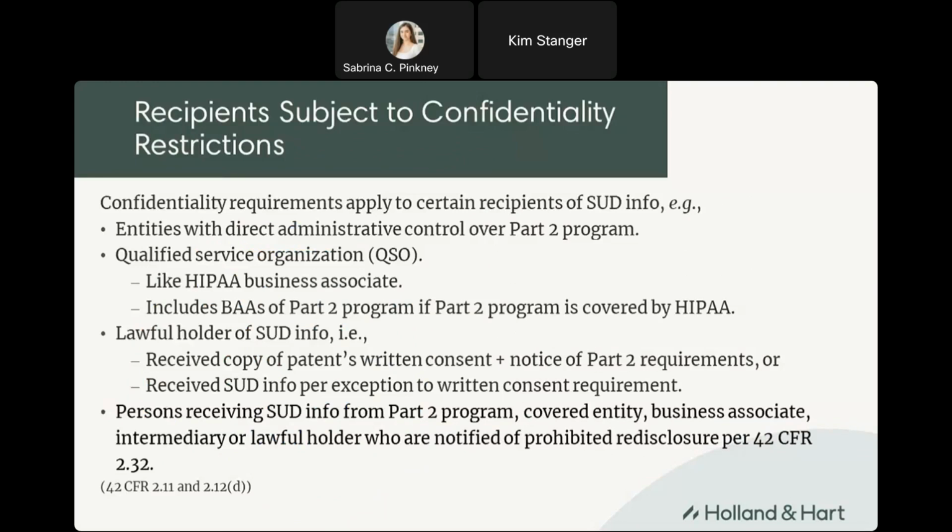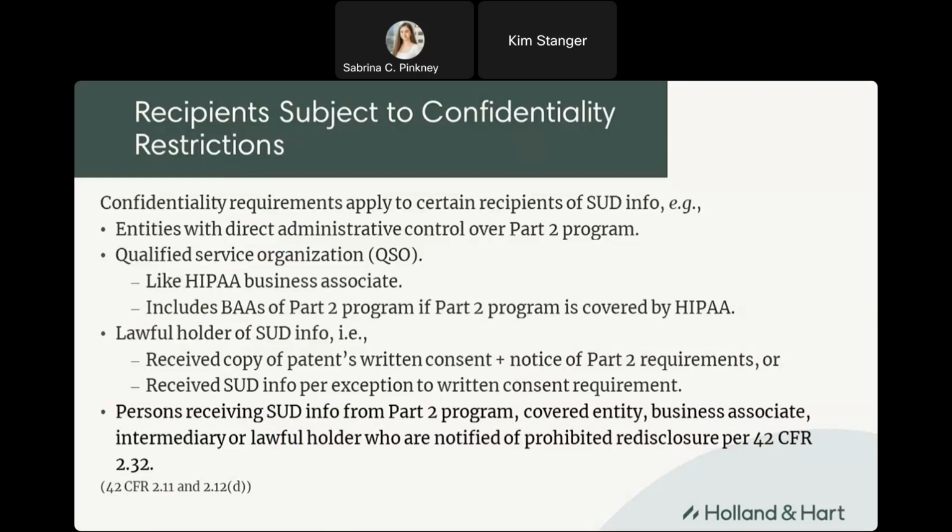The Part 2 rules not only apply to the Part 2 program, but also to entities who receive SUD information from the Part 2 program or on behalf of the Part 2 program, including entities with direct administrative control over the Part 2 program, and a qualified service organization, which is an entity that is retained to provide services for the Part 2 program.